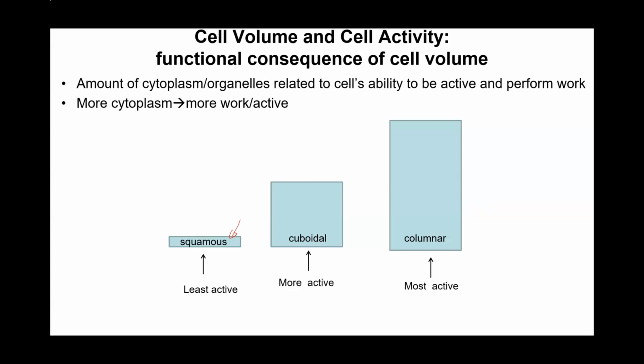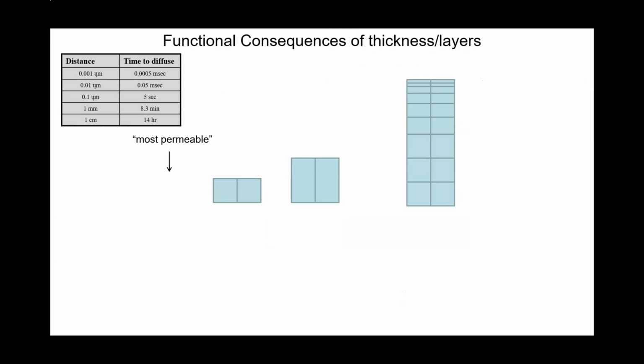That's where proteins and other molecules are made. It's where ATP is made. It's where wastes and other molecules are broken down and recycled. So the amount of cytoplasm a cell has is directly related to the amount of work or activity that the cell can perform. And so squamous cells are the least active and columnar cells are the most active, right? And this is going to relate to what these tissues or cells can do.